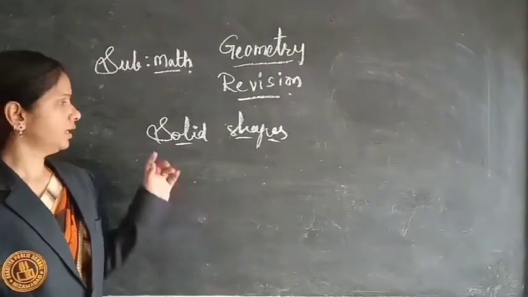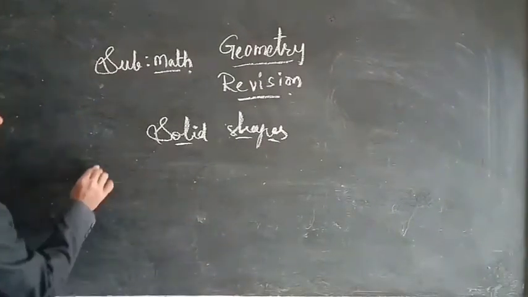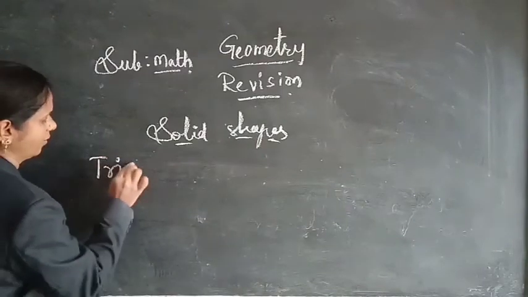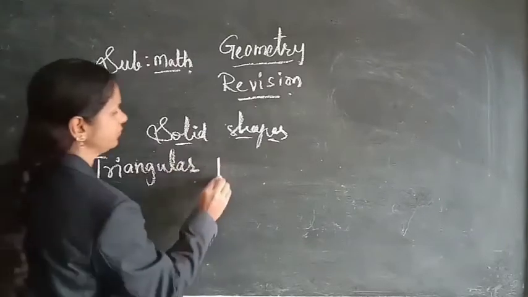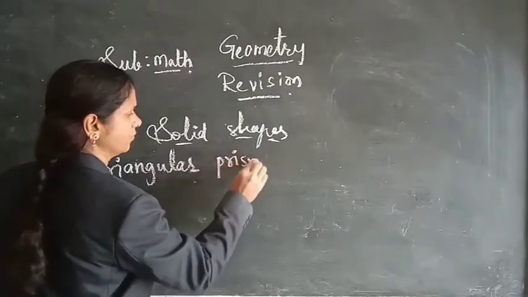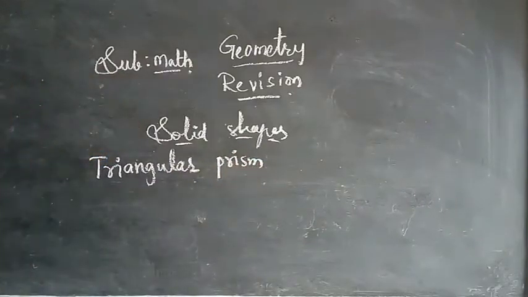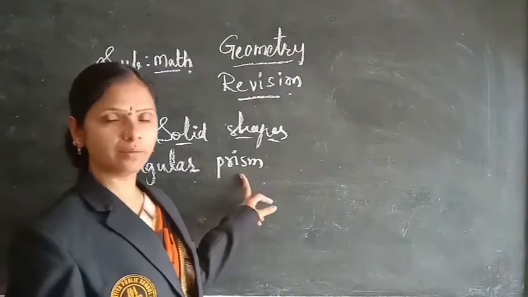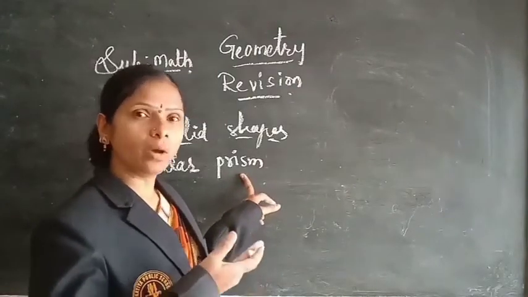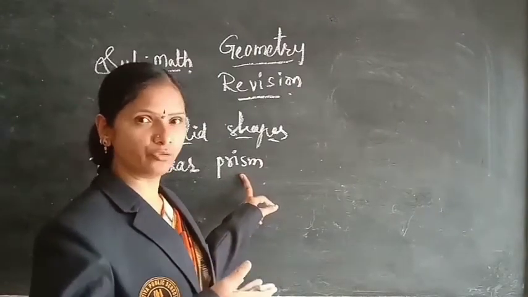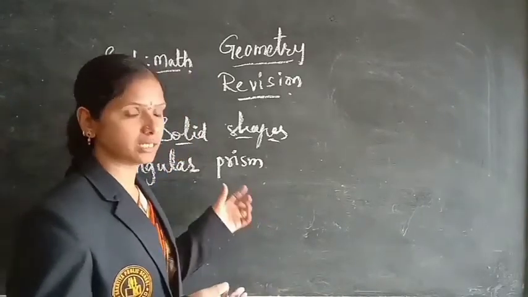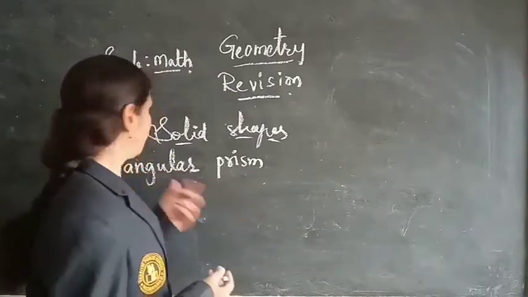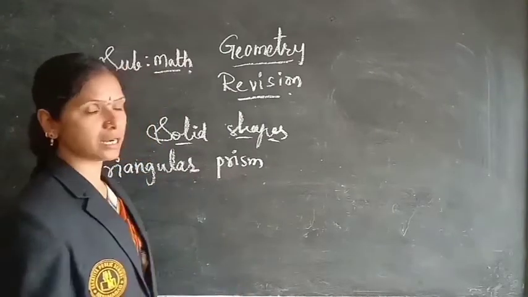Yes children, next solid shape is the triangular prism. See, a prism means at the top it should have a surface or an edge, children. So that type of solids are called prisms. So now I am taking the triangular prism.